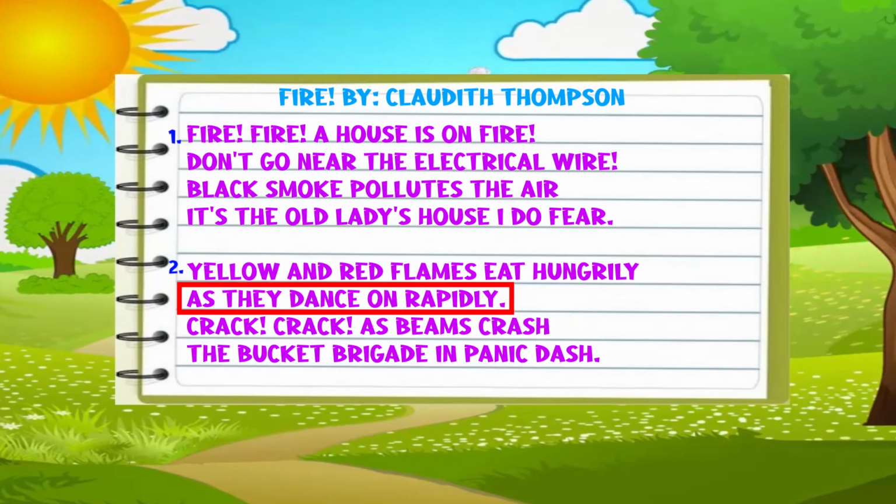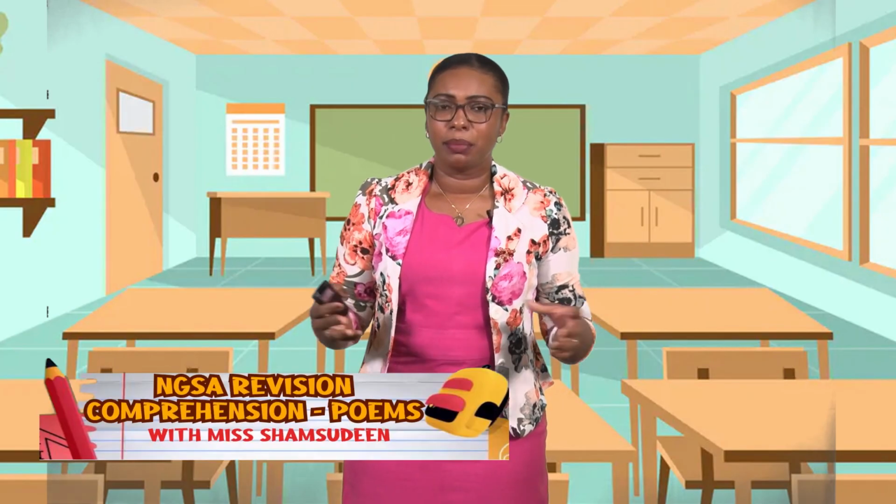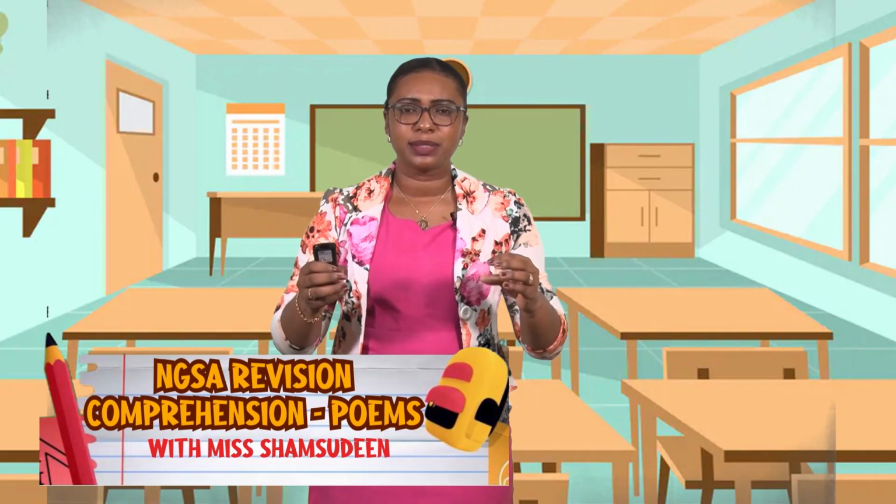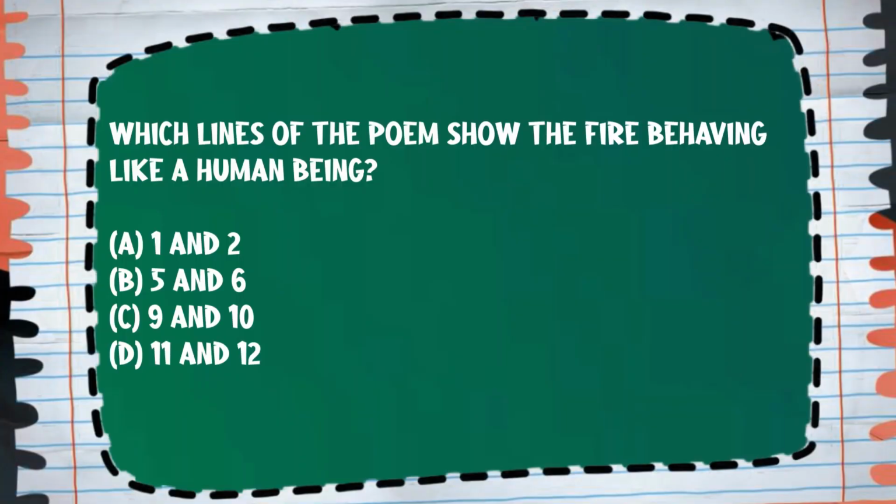Now, can the fire really dance? No, people dance, but here we are using the word dance to probably explain or to show how the fire was moving. So the lines in the poem that would actually show the fire behaving like a human being are lines 5 and line 6.